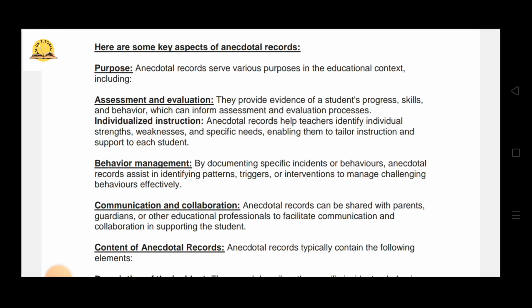As we have seen, anecdotal records are used to know the student's progress, the skills they have, and the behaviors they show. Now, individualized instruction. Anecdotal records help teachers identify individual strengths, weaknesses, and specific needs, enabling them to tailor instruction and support to each student.